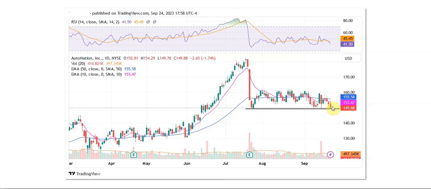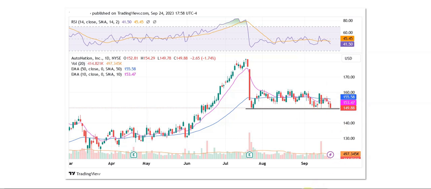The stock is trading below 10 and 50-day moving average. RSI is below 50. So, again, not looking that great for AutoNation. Interest rates are going up. Cost to finance a car going up. Will they be able to make it? Well, the stock is saying maybe not. So be careful if you're in this one.